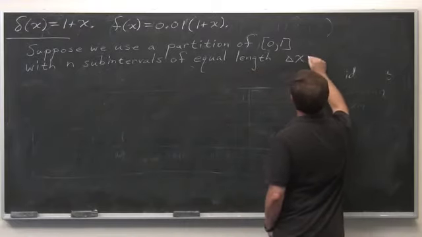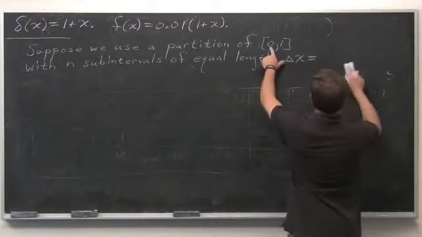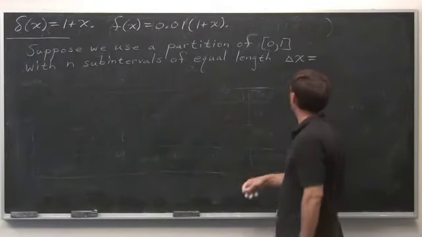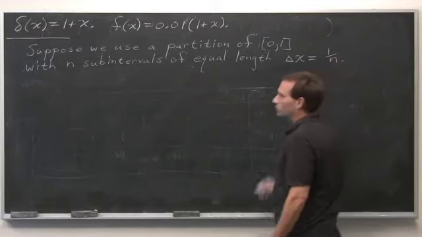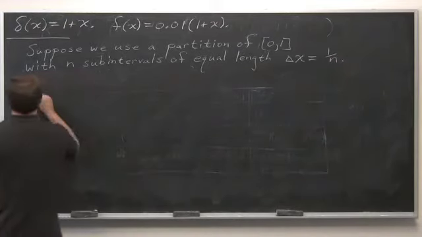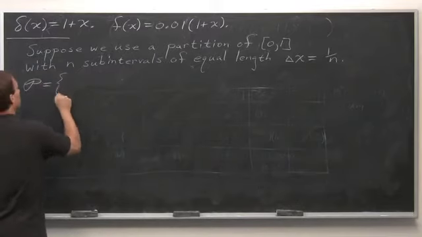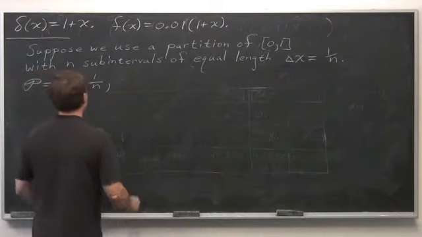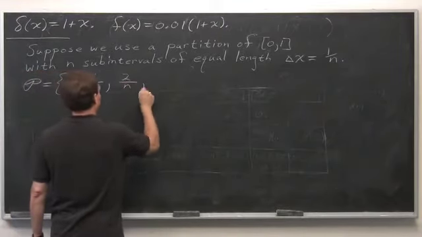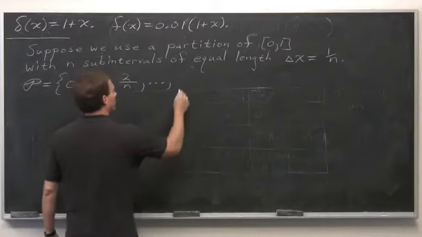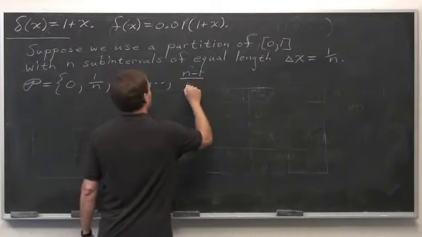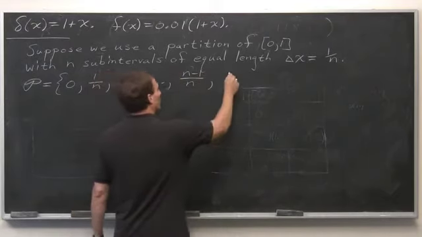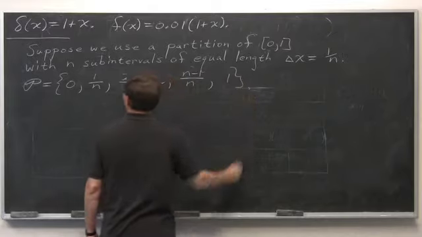Well, I called it delta x before. Each subinterval would have to have length the total length, 1, divided by the number of subintervals, so 1 over n. So our partition starts at 0 and goes up 1 over n each time until you get up to n over n. There'd be an n minus 1 over n, and then n over n, which is 1. So our partition would look like this.